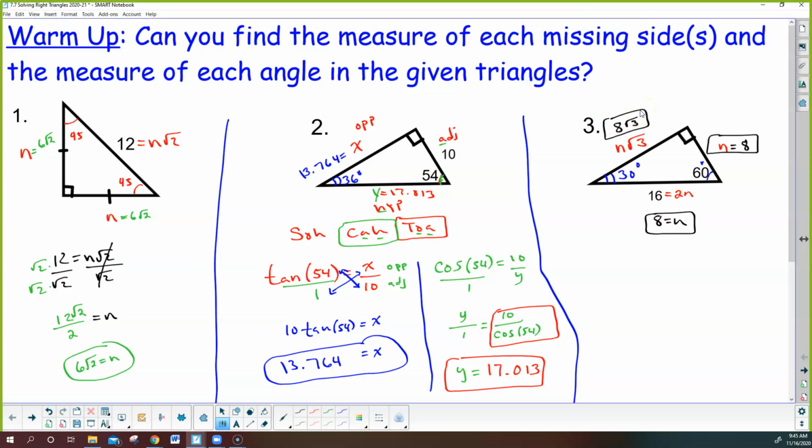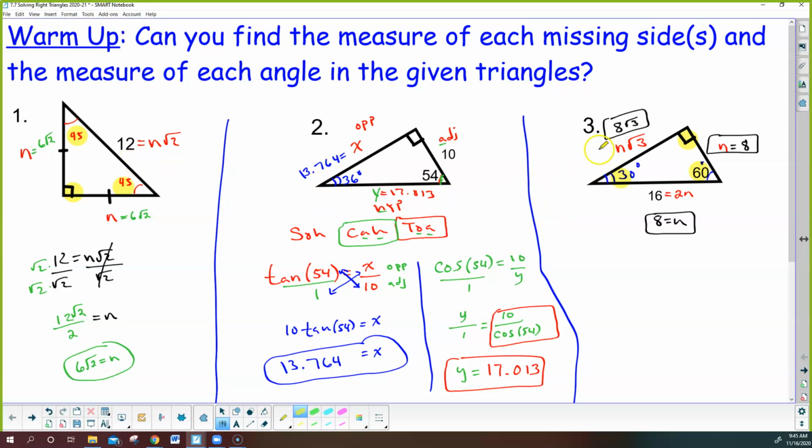Now, I do want to mention one thing really quick, just something that you guys should be aware of. When we give you a 30, 60, 90, we're expecting that you're using the formulas because that's the fastest way to do these problems, right? Or if I give you a 45, 45, 90, we're expecting you to use the shortcut, the special right triangle formulas.